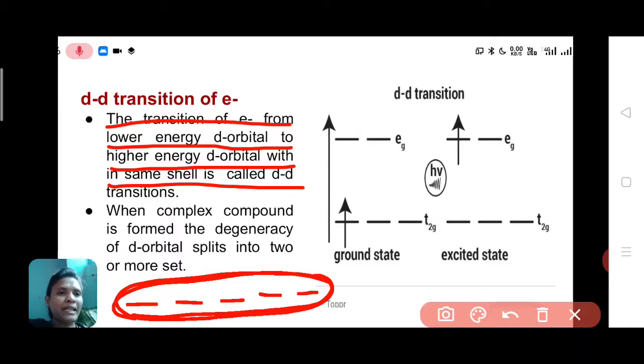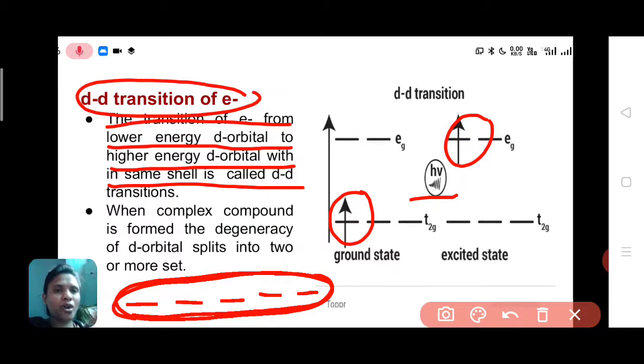When this electron gets promoted into the higher energy level by absorbing some amount of light energy or heat energy, this promotion is called d-d transition of electrons. This d-d transition occurs by absorbing light energy, h nu.